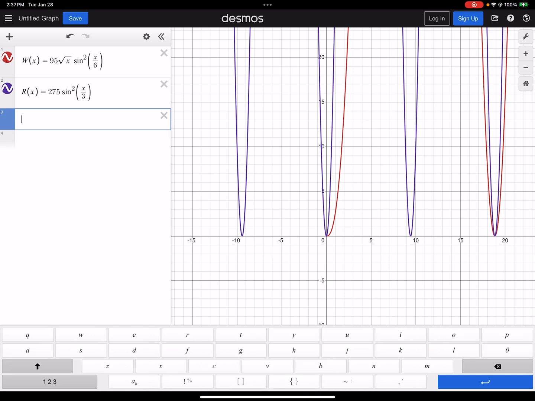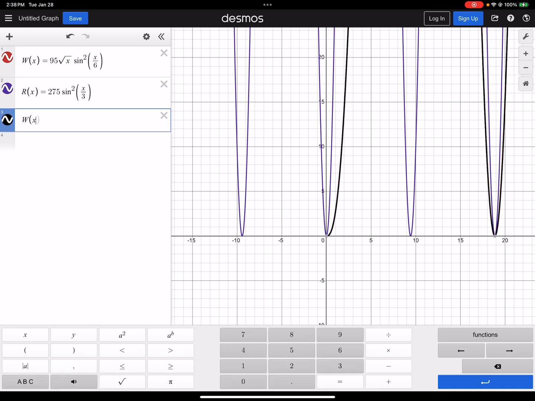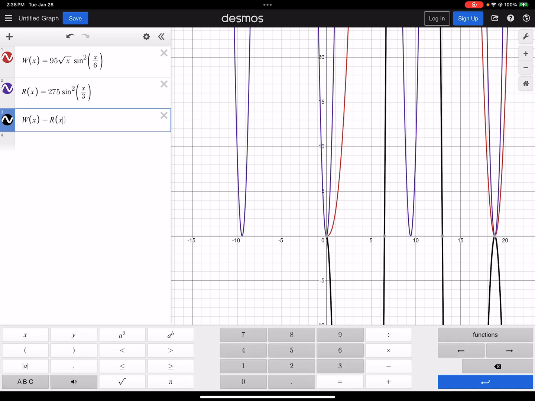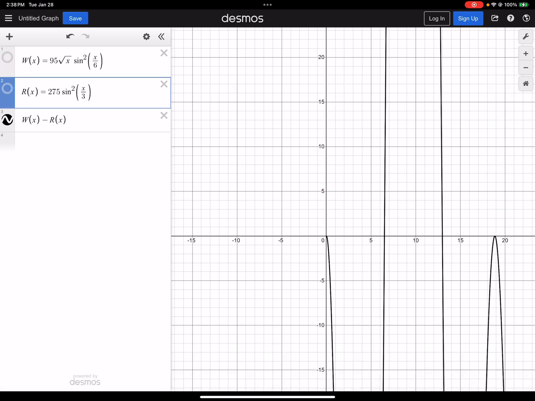I'm actually going to type in the function W of x minus R of x, because the difference of those rates is going to come up quite a bit. If there's too much on your graph, like I don't really want to pay attention to any of these individually at the moment, it's really just W of x minus R of x. So I'll hide those.